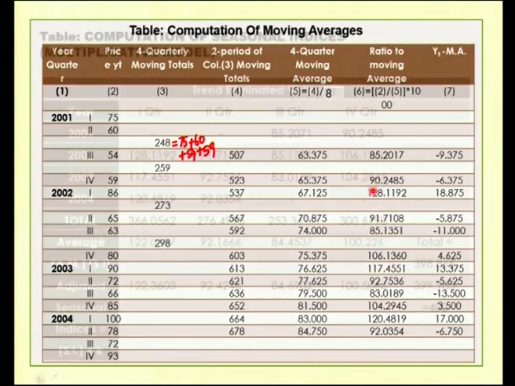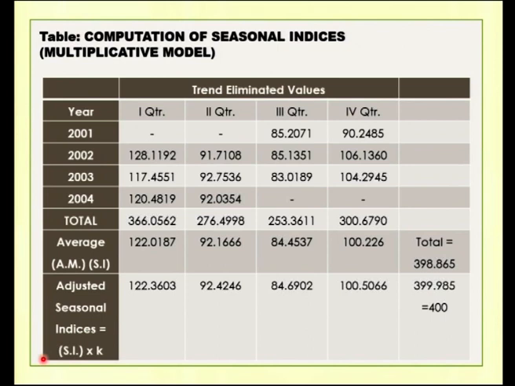Now, this has to be distributed in the tabular column in this format, that is trend eliminated values. For 2001, as discussed, there is no first quarter and second quarter value. The value starts from the third quarter, therefore 85.2017, and the fourth quarter value is 90.2485. Likewise, you just write down all the values.